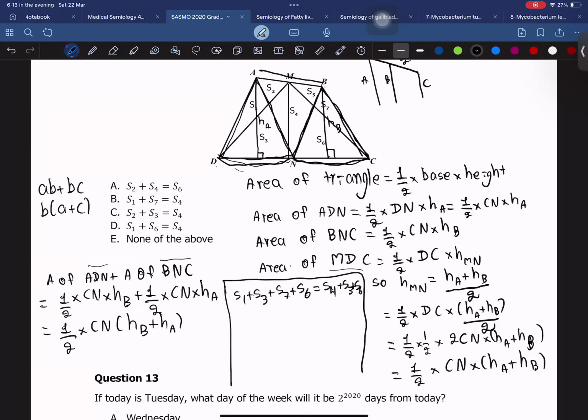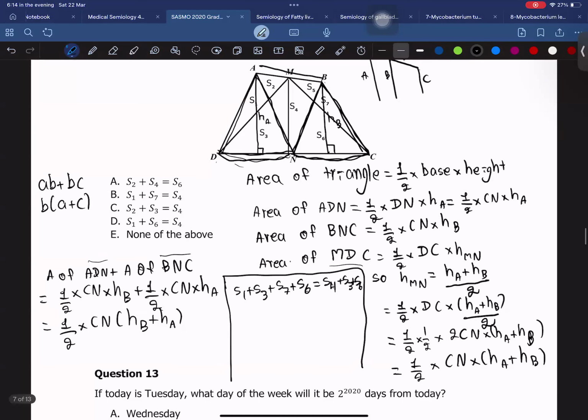What is exactly the same? We have S6 the same and S3 the same, so we can just delete them. So we have S1 plus S7 equal to S4, which is our answer. So B is our answer.